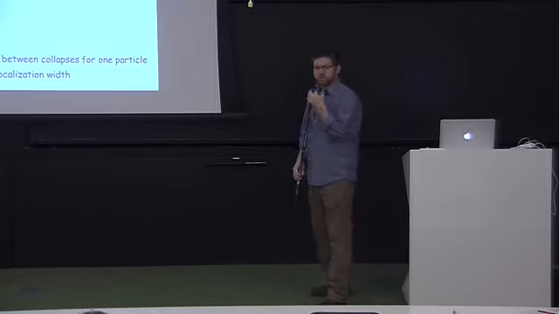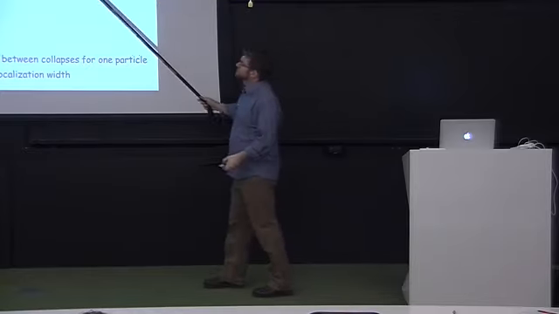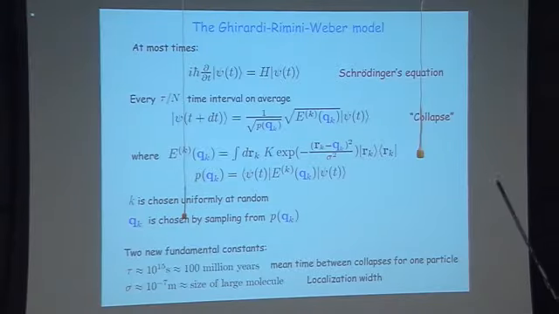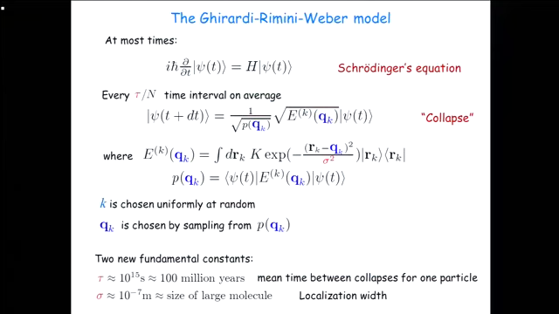Okay, so back to the question at hand. What do these formulas remind you of? It should look familiar. State update and Born rule. Yes. And in particular, state update and Born rule for not projective measurements, but a POVM measurement.